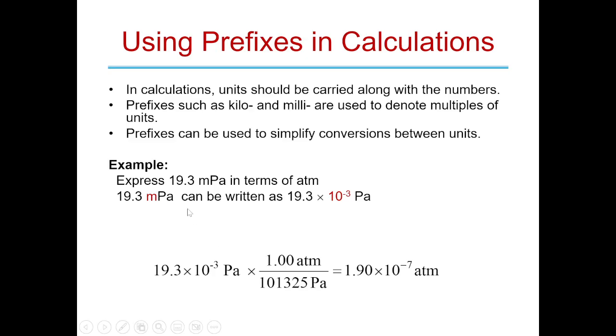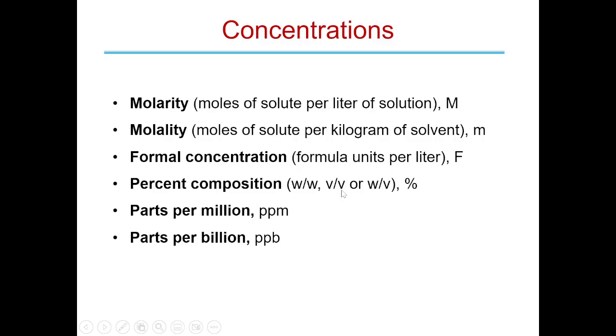Oh, this is messed up, isn't it? Okay. This should have been MPA right here, I guess. No, it's right. It's okay. This is just a conversion. Anyways, when you rewrite these, just remember, do it in scientific notation. It'll make your life easier.